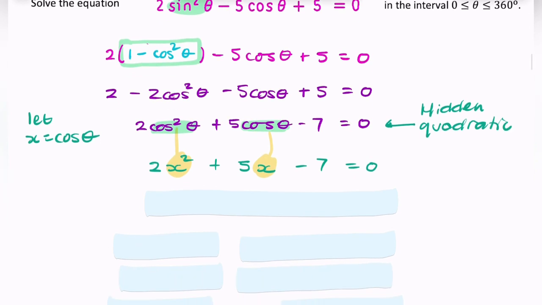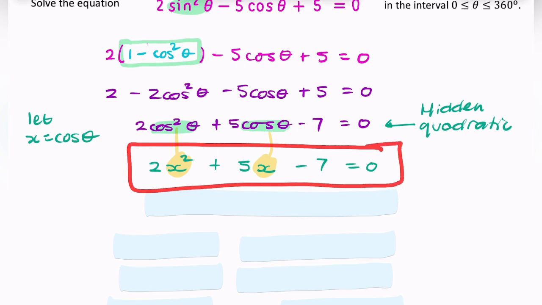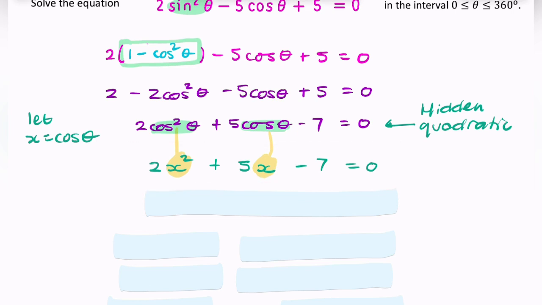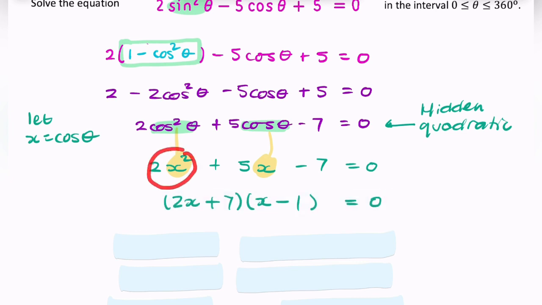And you can use any convenient way to solve this. You can use the quadratic equation, or you can factorize. So I'm going to factorize it because I know that 2x squared is 2x times x, and negative 7 is plus 7 times negative 1.